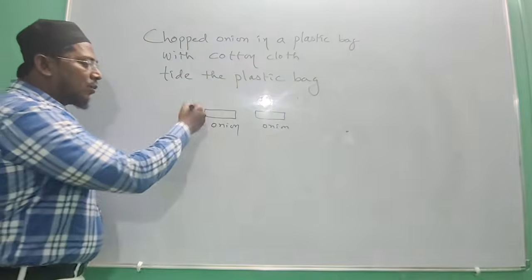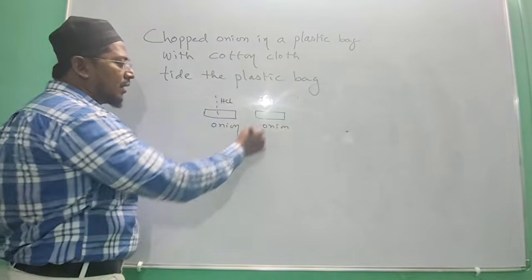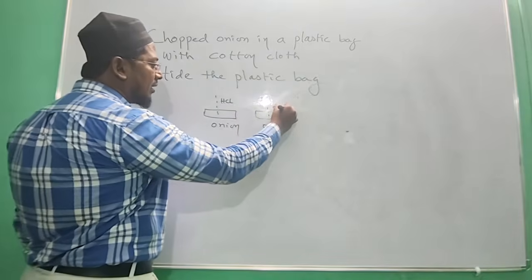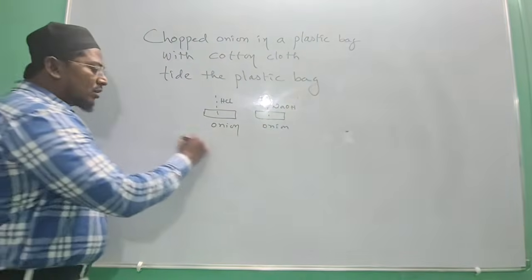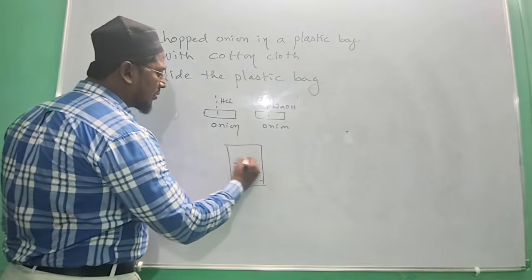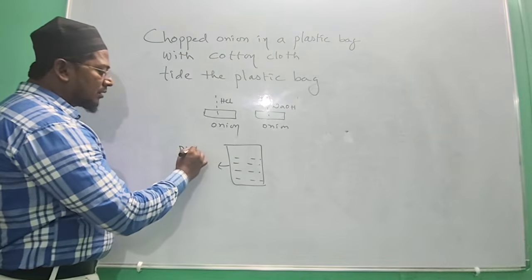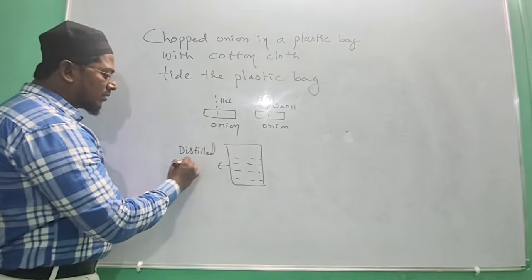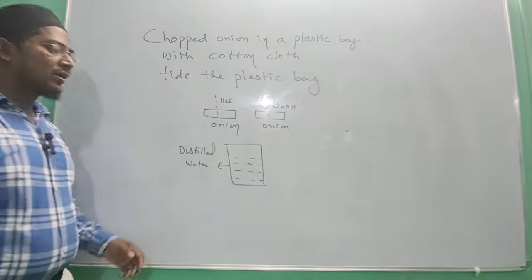Next, in one cloth strip we add HCl, and in the other cloth strip we add NaOH. Both cloth strips we rinse in distilled water. So what do we observe?